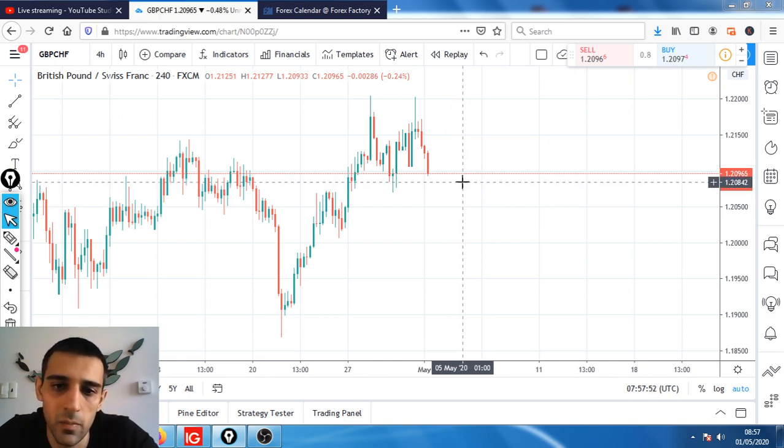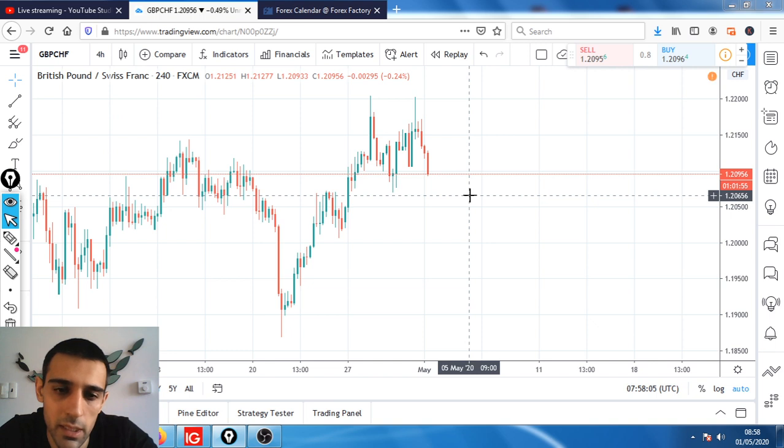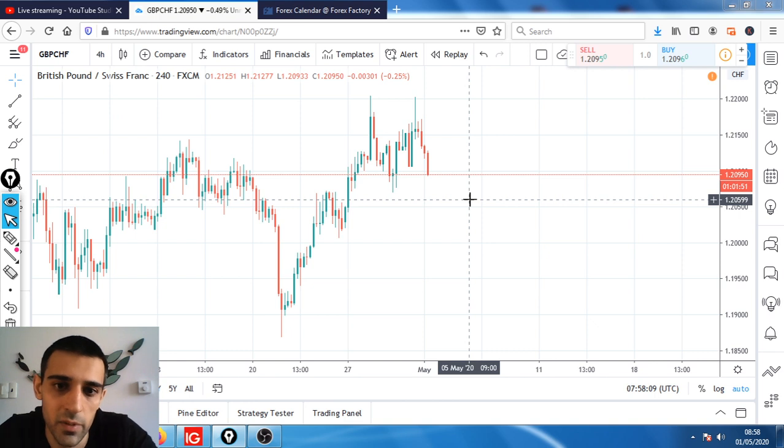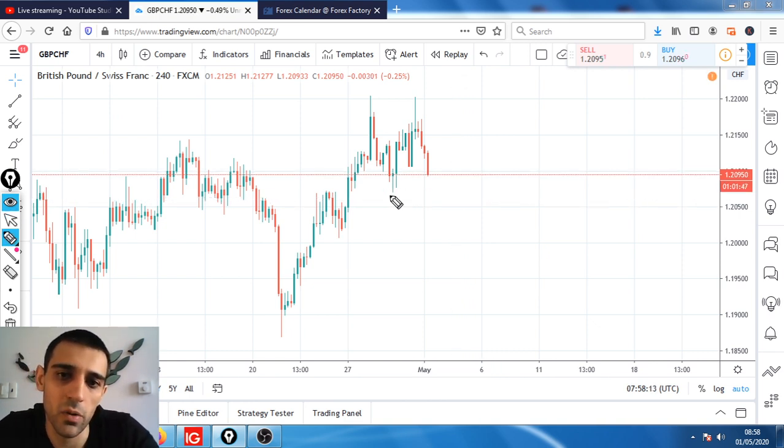So let's assume for the potential trade we take the entry at 120.85 with a stop loss. 65 would look a bit too tight, so we're going to take a 25 pip stop loss, just a bit extra. You always want to give a few extra pips. You don't want to put your stop loss just below the spike, so give it a few extra pips. So on this one it will be a 25 pip stop loss.